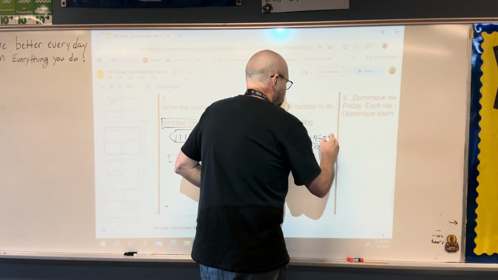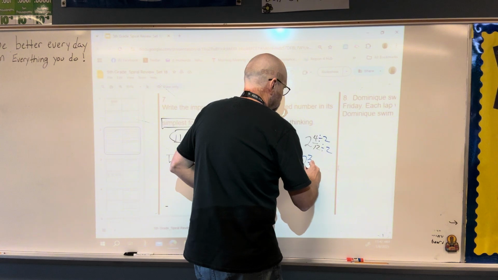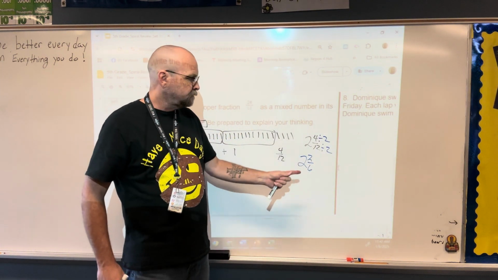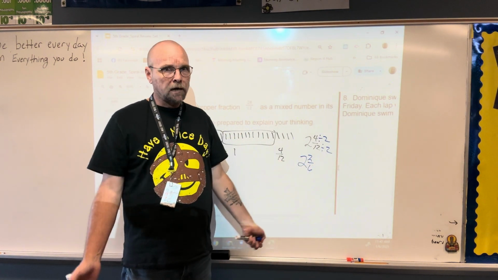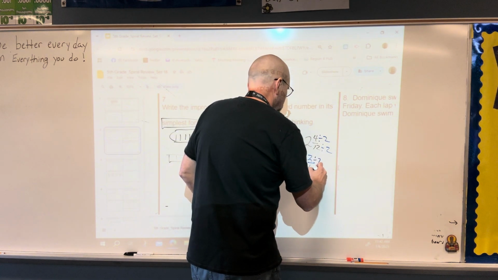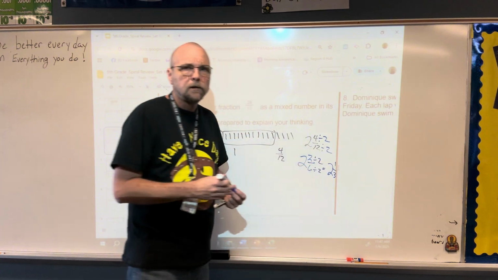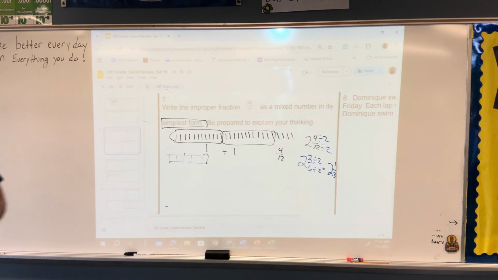Now I have 2 and 2 sixths. They're both even again, so I can divide by 2 again and get 2 and 1/3. So that is your answer in simplest form: 2 and 1/3.